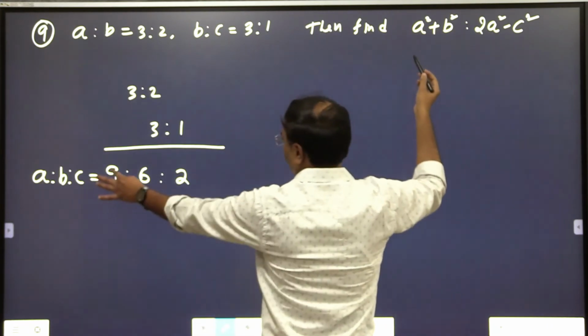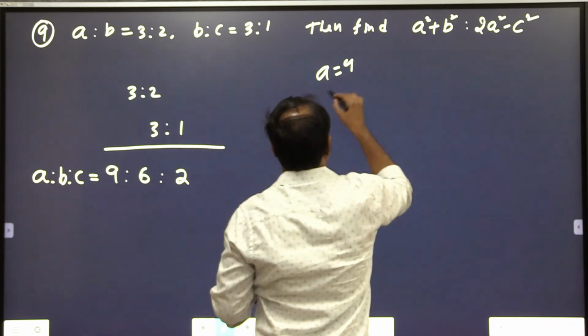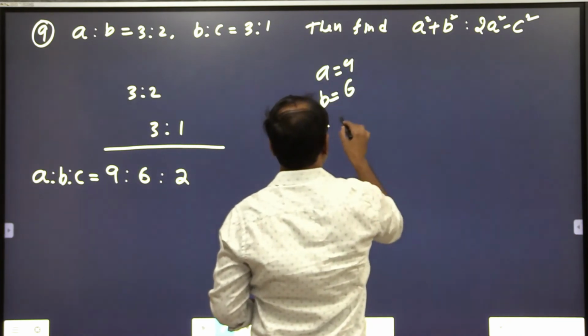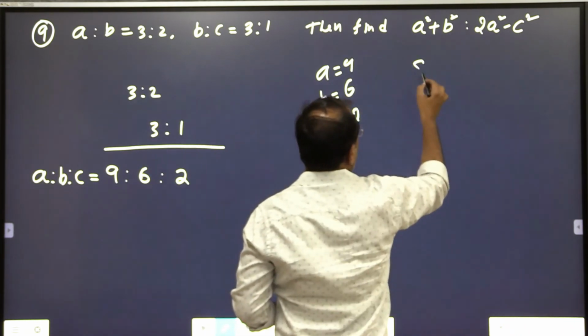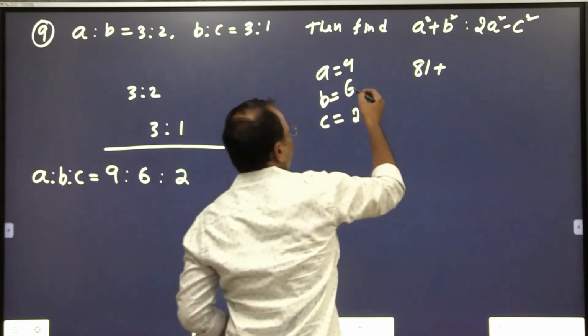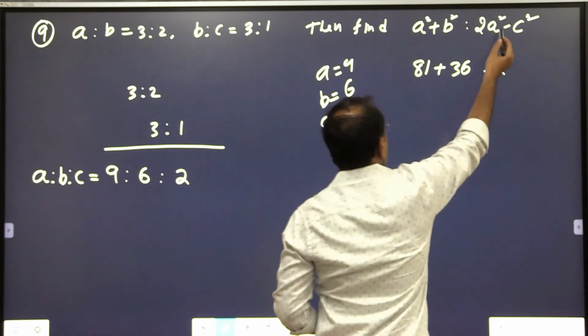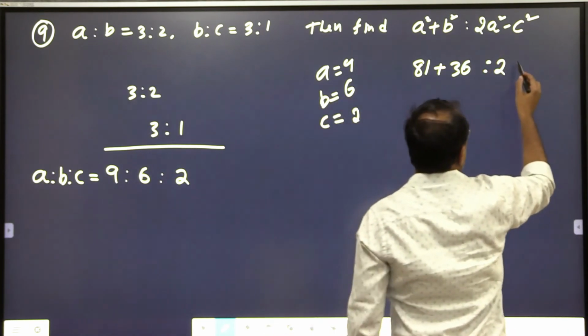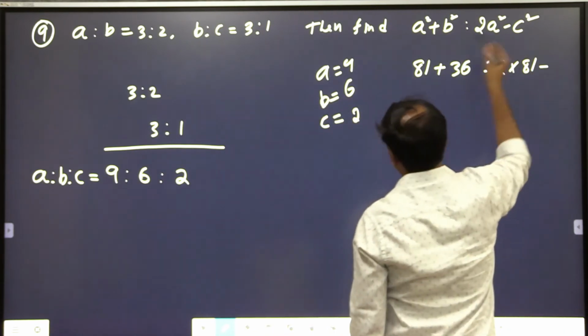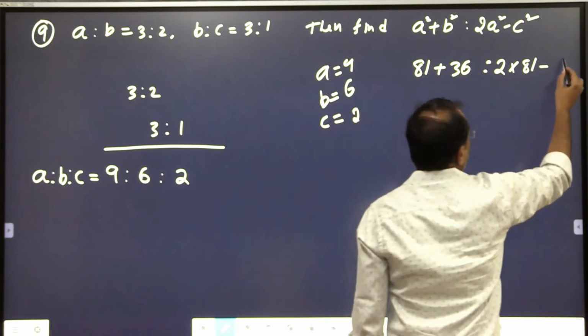So A², A value is 9, B is equal to 6, C is equal to 2. A² is 9², that is 81, plus B² means 6², that is 36. Next 2 into A², what is A? 9², that is 81, minus C², what is C? 2. 2² means 4.